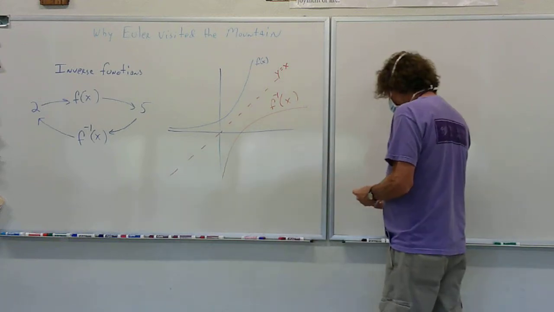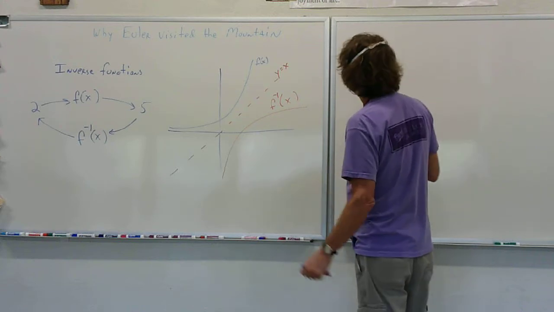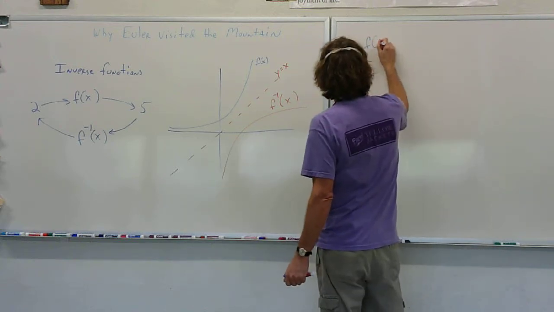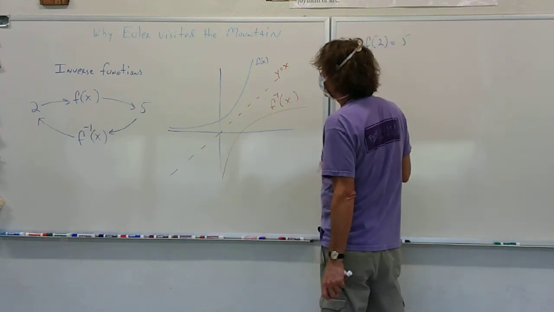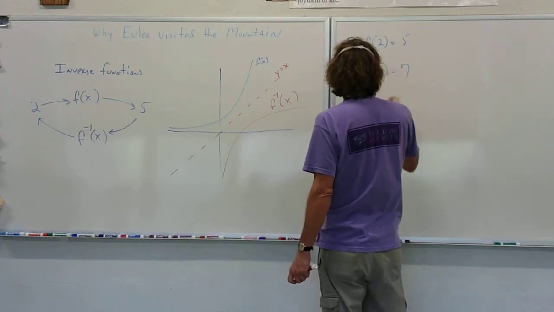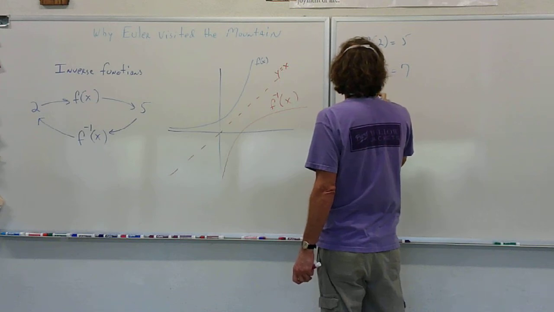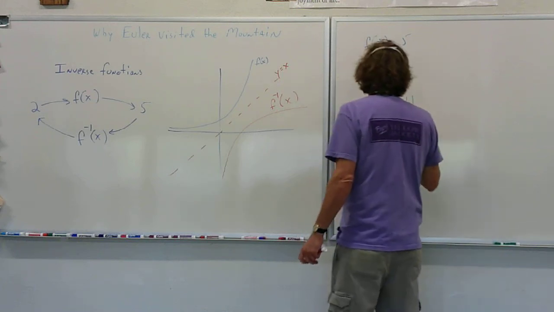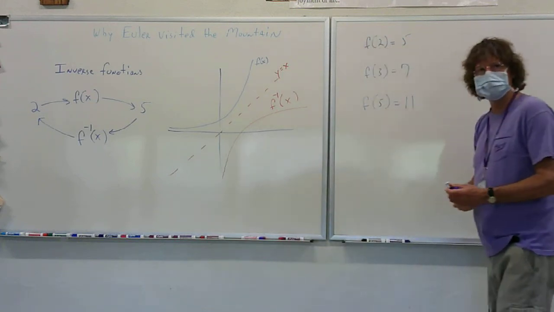Also, if I know that f of 2 equals 5, and f of 3 equals 7, and f of 5 equals 11, then I know what the inverse values are.